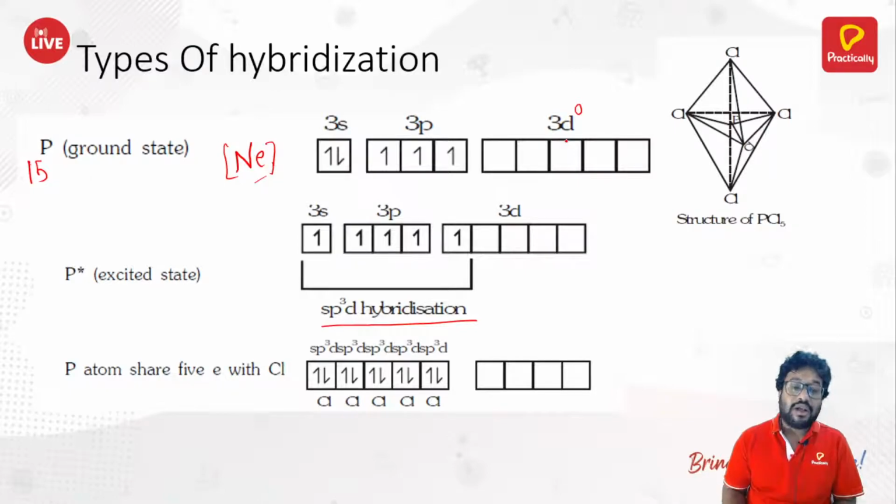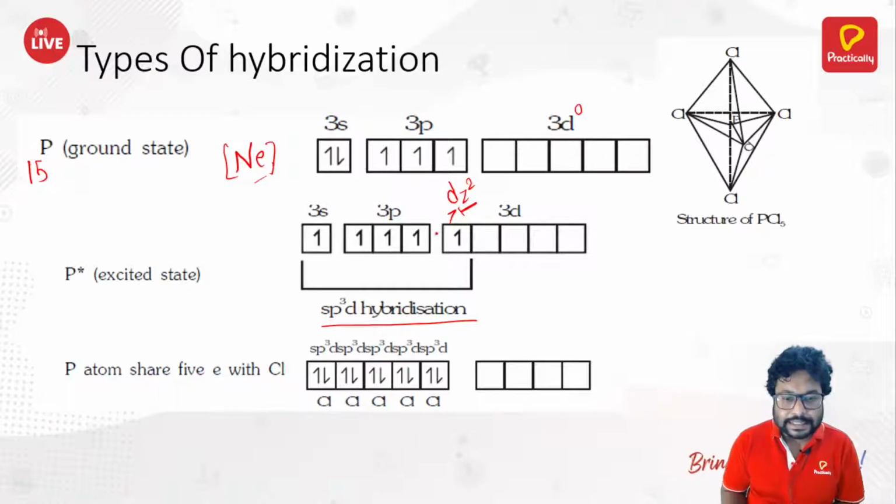Okay. Now phosphorus has to form 5 bonds here, right? But if you look at this, your phosphorus has only 3 unpaired electrons. Now to form 5 bonds, it should have 5 unpaired electrons, and that is why one of the 3s electrons gets promoted to an empty 3d orbital. Now this 3d orbital is dz square in this case.